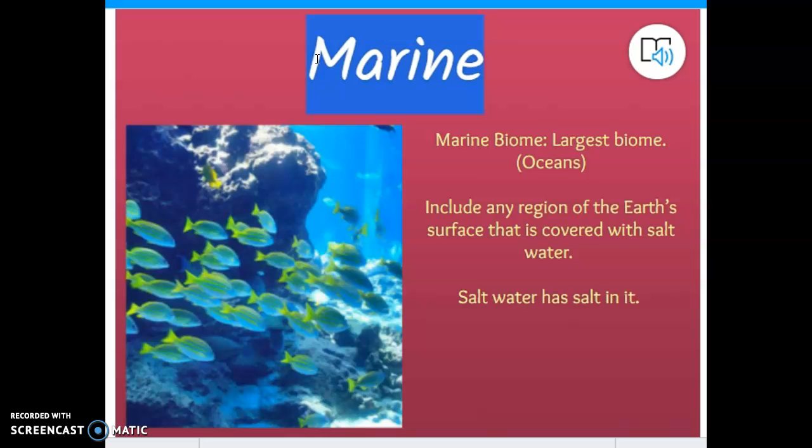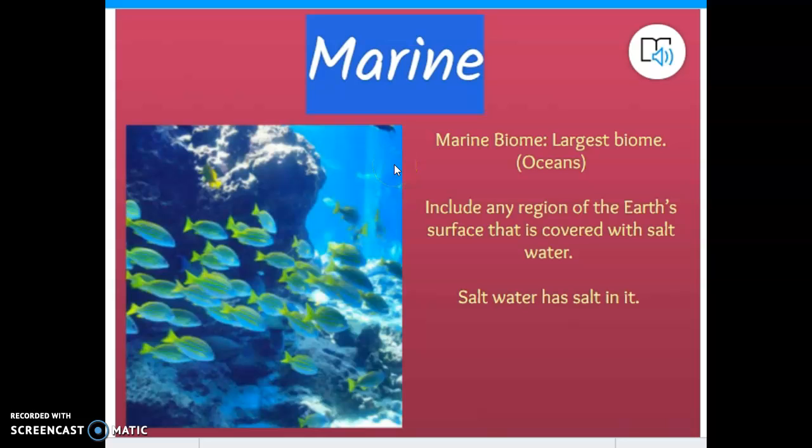And you cannot get that mixed up. We need to make sure that we're focusing on ecosystems. Last week, people were giving me some definitions of community that, while they weren't necessarily incorrect definitions, were incorrect because they did not fit what we were talking about in science. So again, when we're talking about marine, we're talking about the largest biome, ocean.